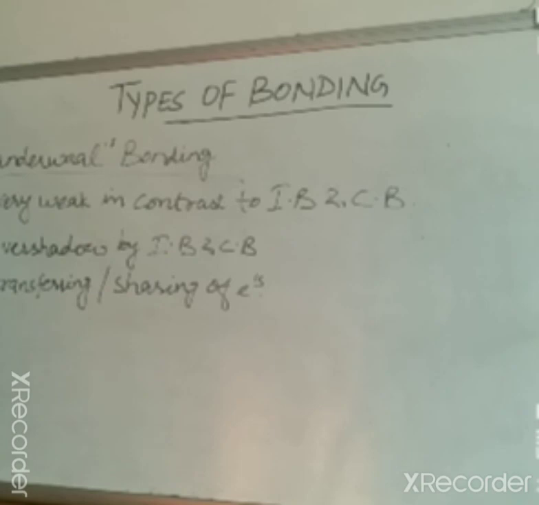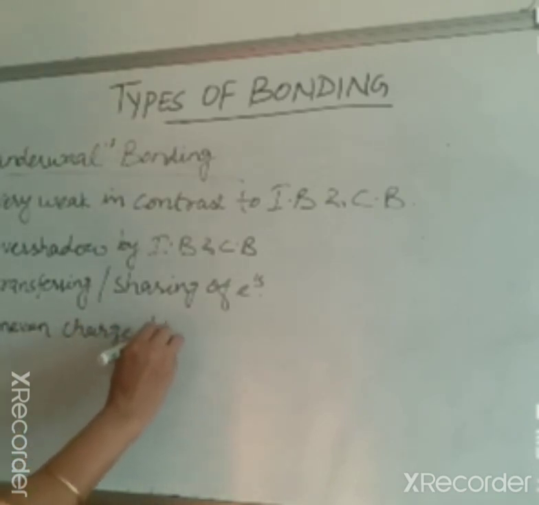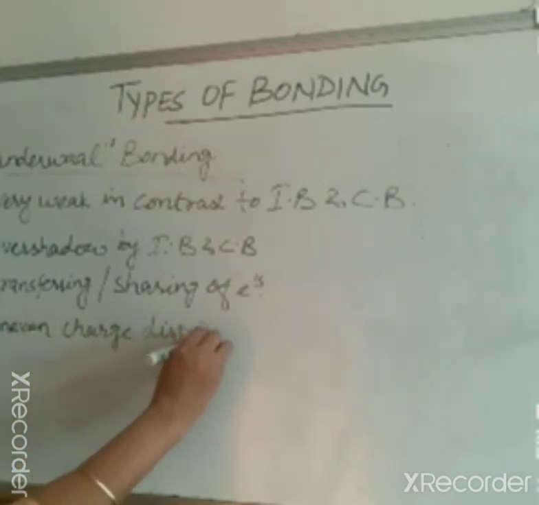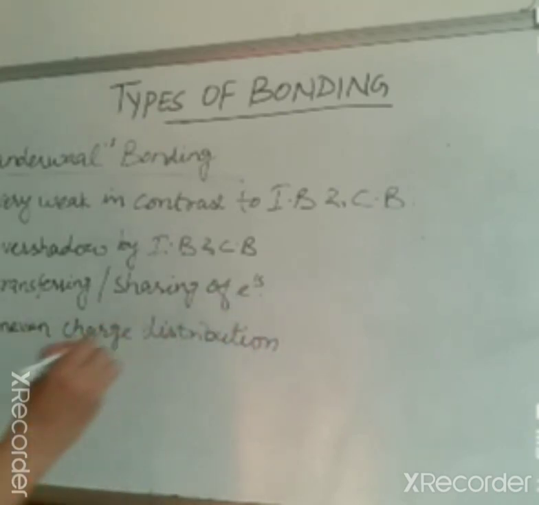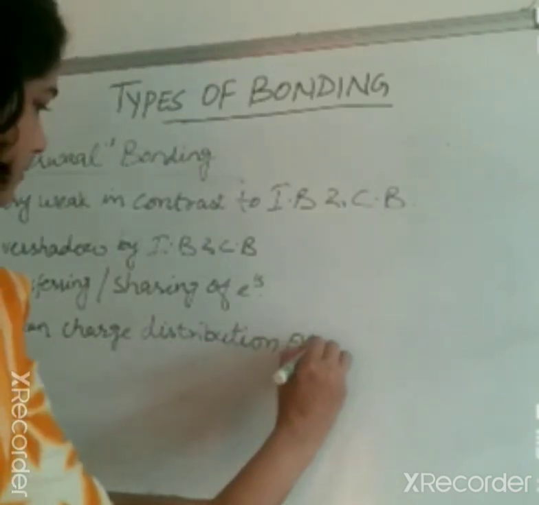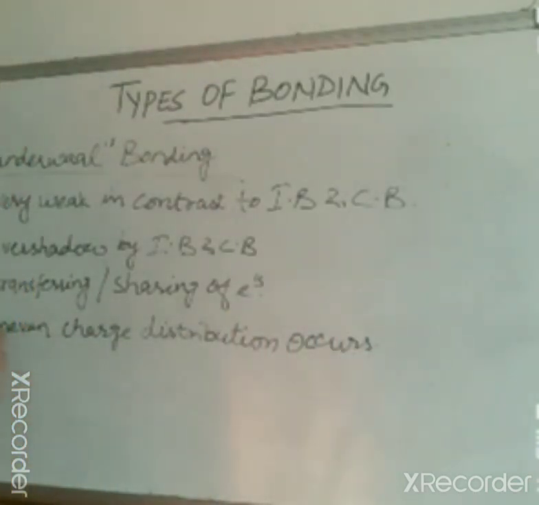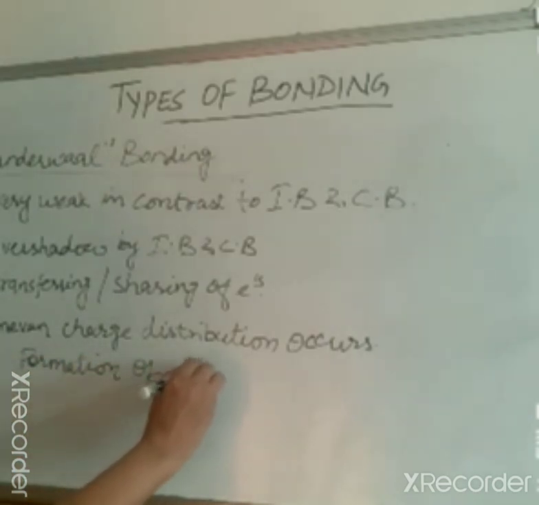Fourth point, they are formed when an uneven charge distribution occurs. Means when uneven charge distribution occurs, it means there is a formation of dipoles.